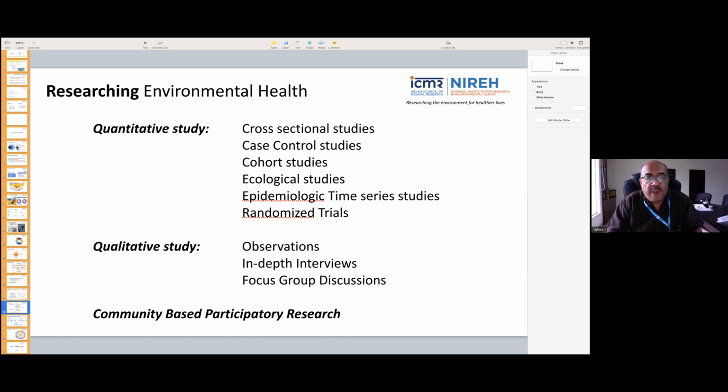We have traditional ways of researching. Either we measure in numbers through quantitative studies, or we can have in-depth opinion of the community through qualitative studies, through observing. But then there is another tool called community-based participatory research, which I mentioned yesterday also, because environment is one such condition where everybody is a stakeholder, and the community is a main stakeholder, because the problem we are facing in deterioration of the environment, to a large extent, the community is to blame.